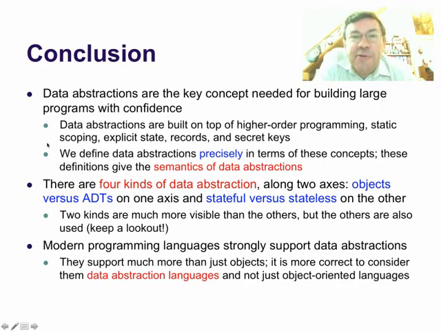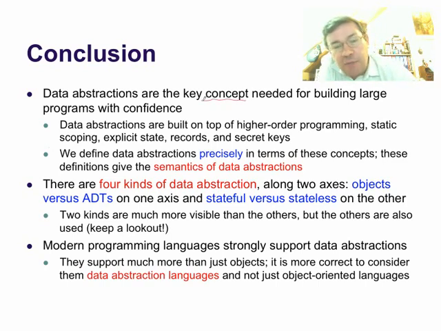Let me now conclude the lesson on data abstractions. First of all, they are a key concept. If you want to build large programs with confidence that they are working correctly and in large size with teams, then you need data abstractions. They are built on language concepts, in particular higher order programming, static scoping, explicit state, records, and an encapsulation concept called the secret key. This is called a name in Oz, which I will not explain further in this course, but it's also an important concept.